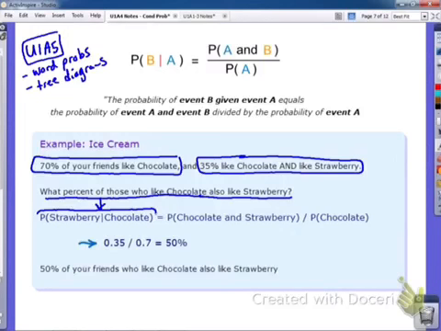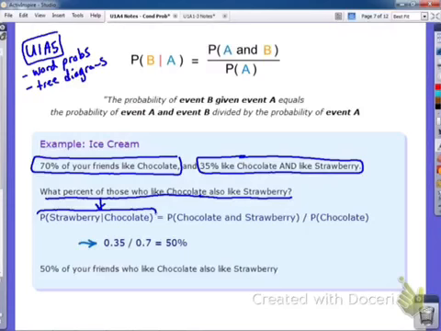Now, that's equal to, using the formula up above, the percent of those that like strawberry and chocolate divided by the number of those that like chocolate. Okay, so they gave us the number of people that like chocolate, that's 70%.